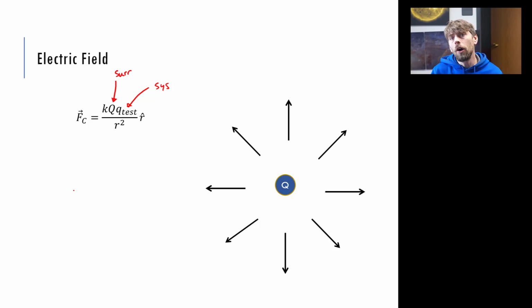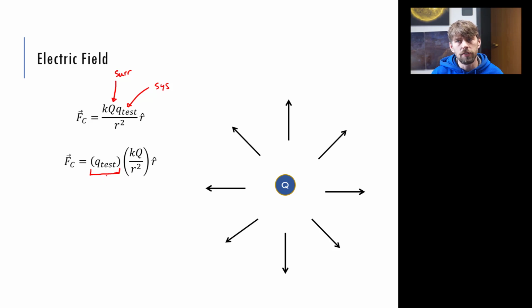Well, now I'm just going to do a little bit of, for lack of a better word, math. And it's nothing fancy. I am just simply going to separate out the quantity that involves my system from everything else. And you notice that it doesn't matter here.